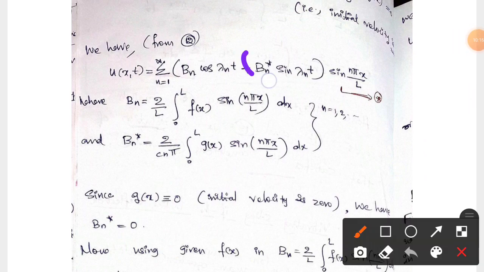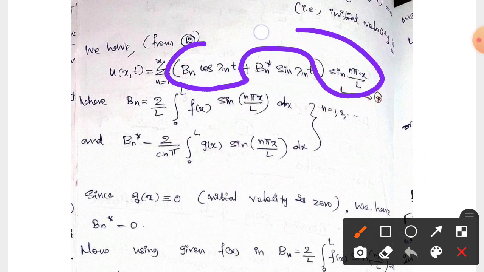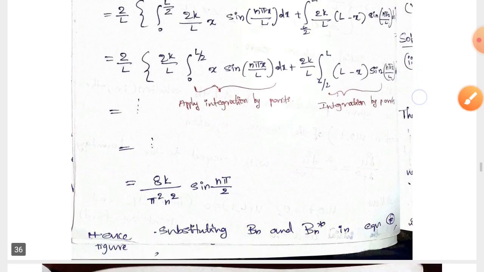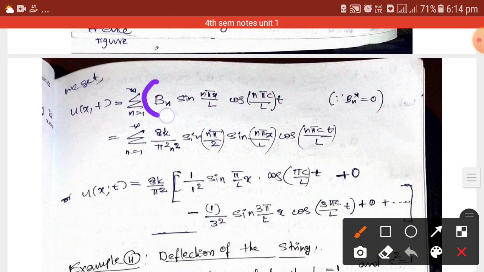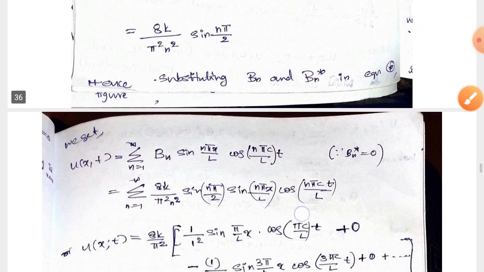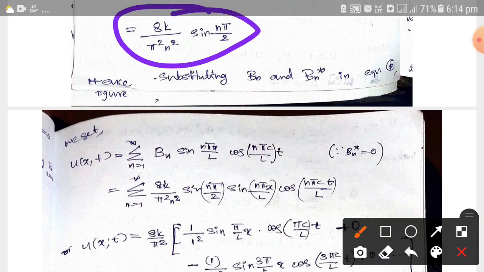So Bn star is 0, so this complete term will be 0. So the only remaining term is Bn cos lambda n t into sin n pi x by L. So substitute the value of Bn. What is Bn, what we have found now? 8k by pi square n square into sin n pi by 2.